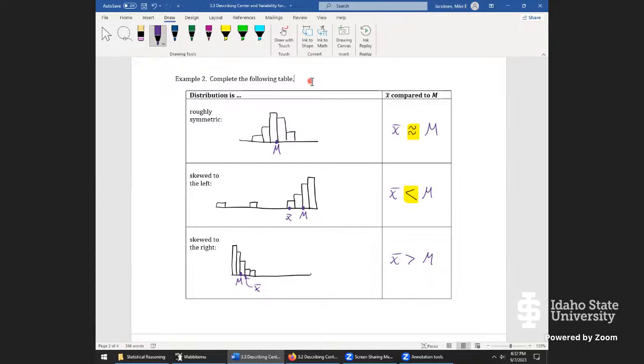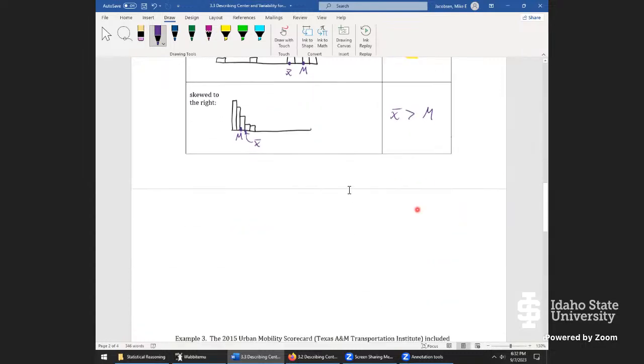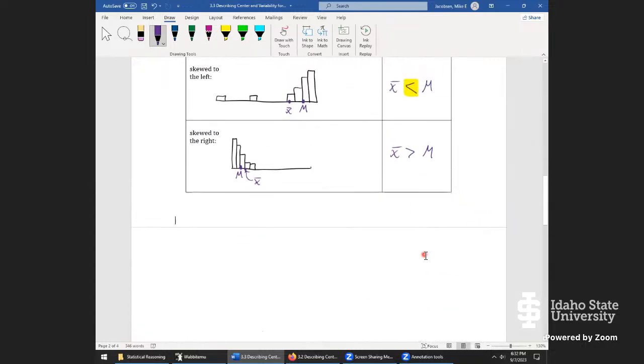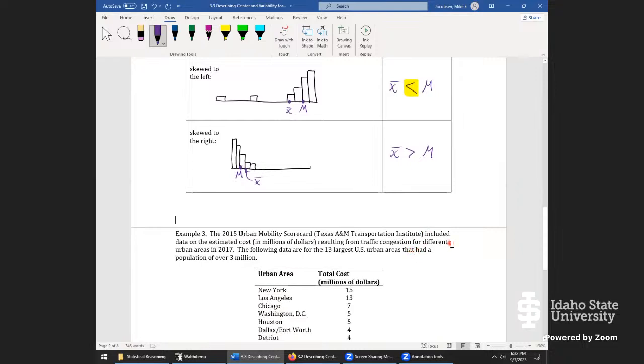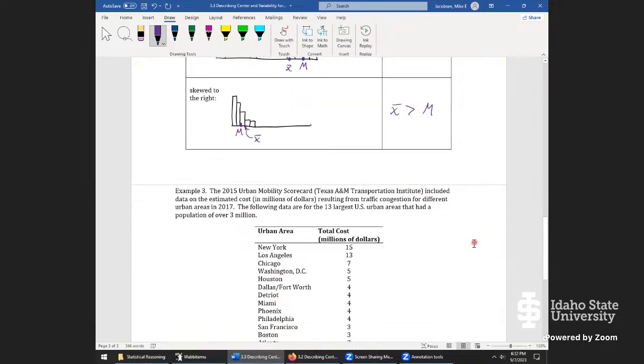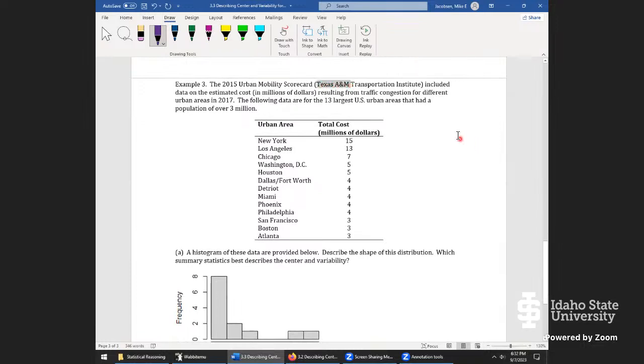Okay, well, let's try out one more problem and then we'll call it a night. Our next exercise for the day, example 3, finally has context. This is the 2015 Urban Mobility Scorecard from Texas A&M Transportation Institute, excellent university.